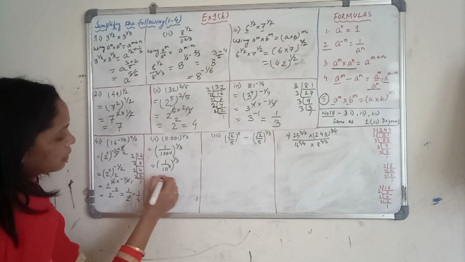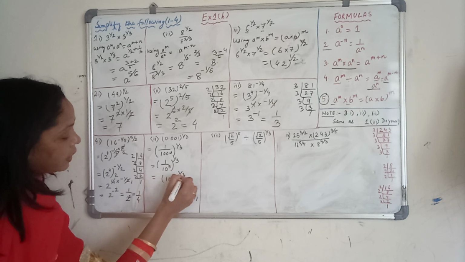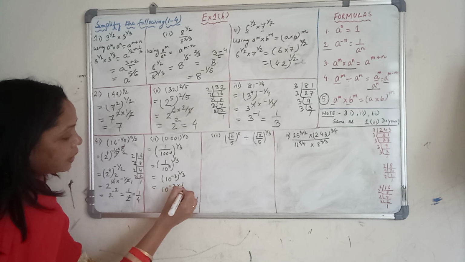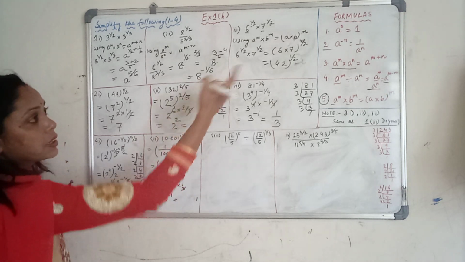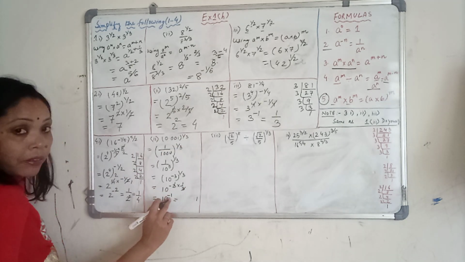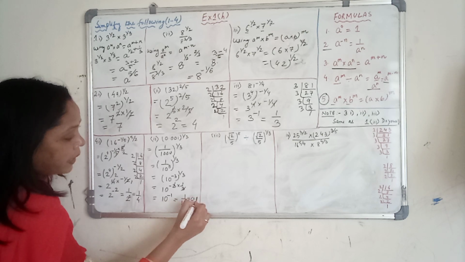So write down here 10 power minus 3, power 1 by 3. Now solve the power. Minus 3 into 1 by 3, cancel it. 10 power minus 1. Again use formula number 2. Minus power, so we can write this one as 1 by 10, which is equal to 0.1.